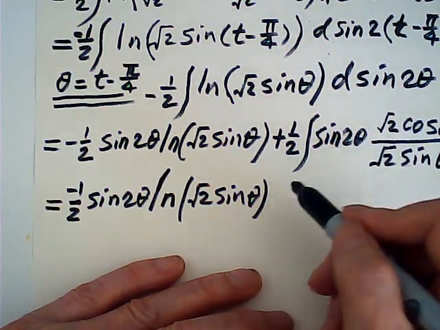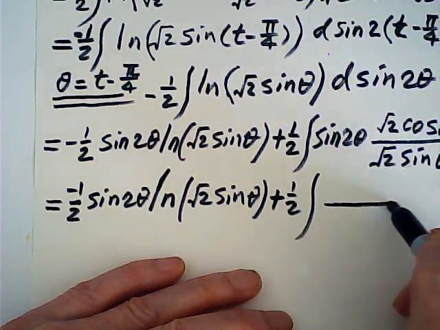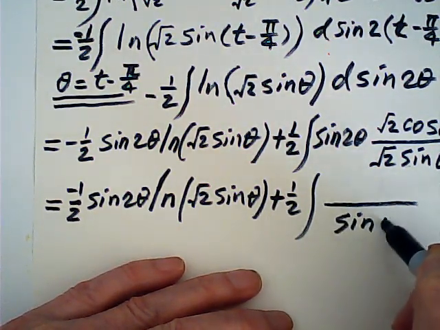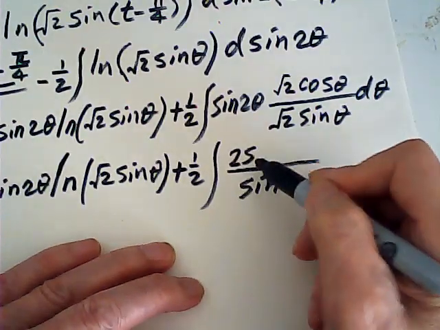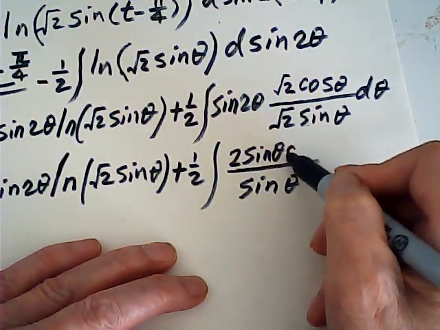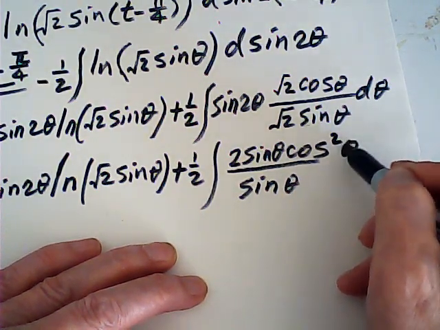This is cancel out, right? Plus half. This is sine theta. This is 2 sine theta cosine theta times theta becomes square.